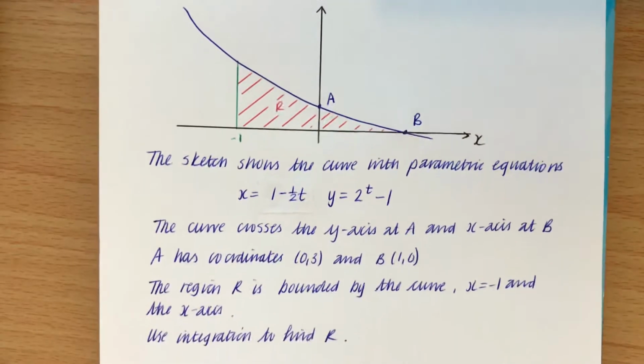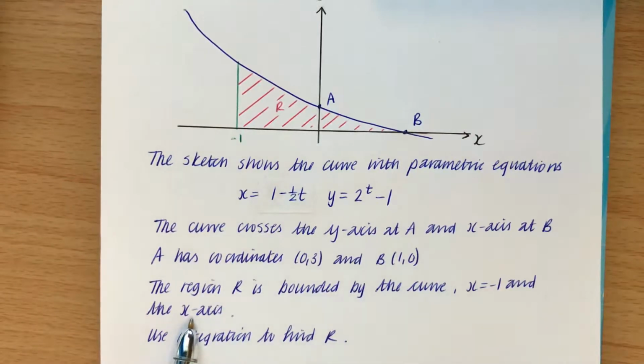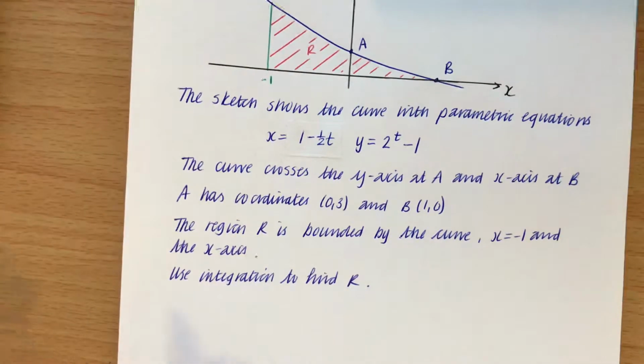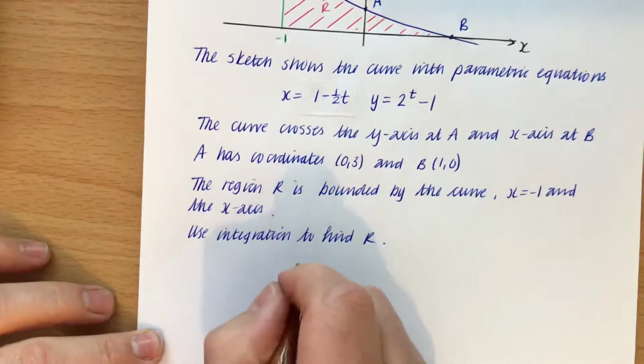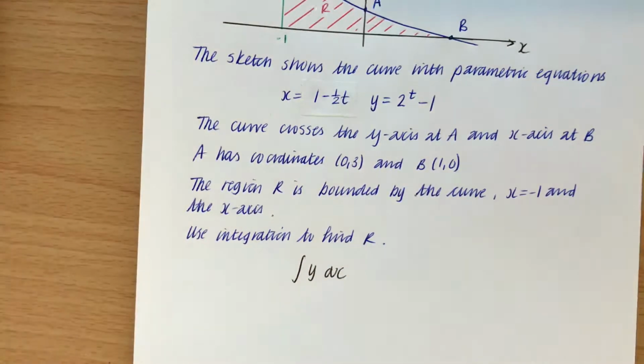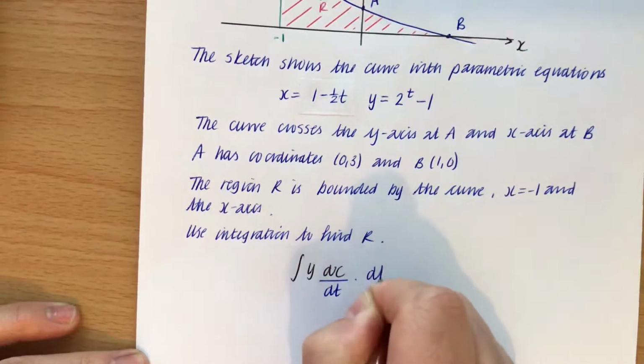The region R is bounded by the curve, x equals minus 1, and the x-axis. Find the area R. So, area under a curve, integral of y dx, it's parametric, so y dx by dt dot dt.